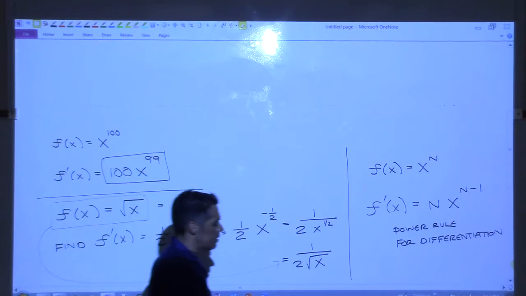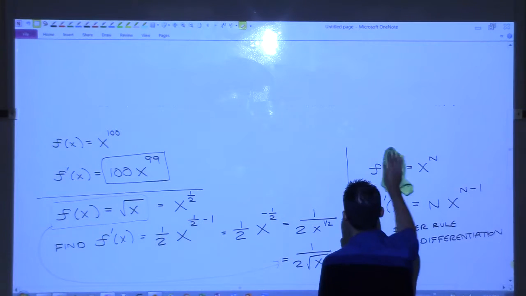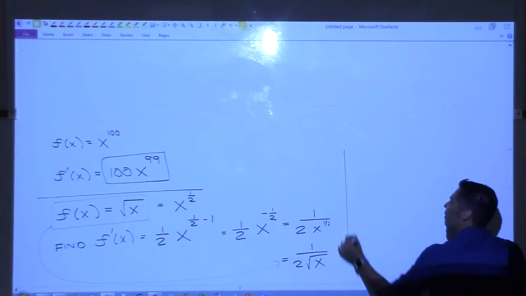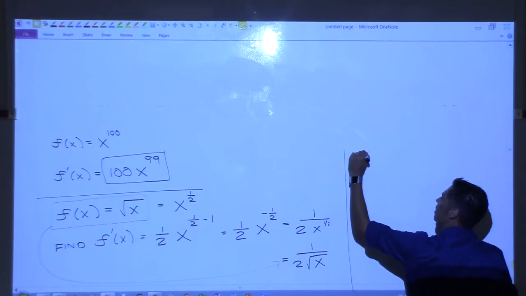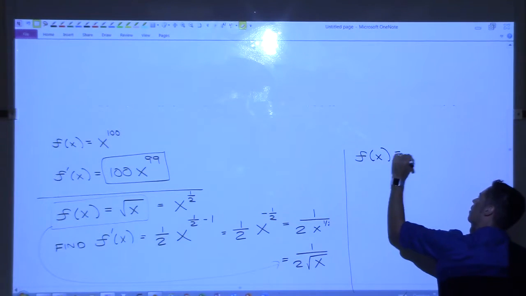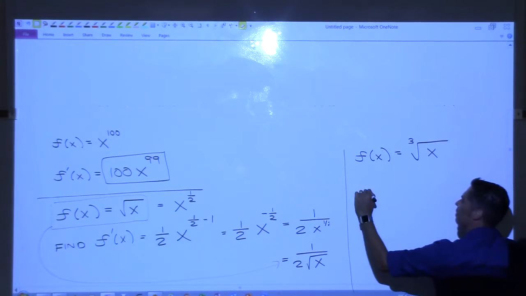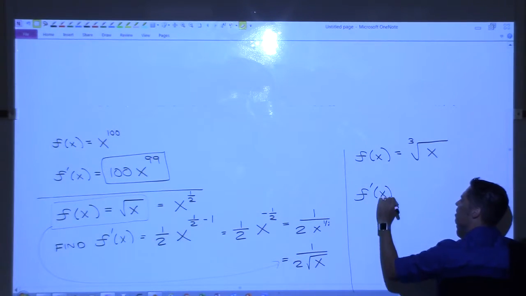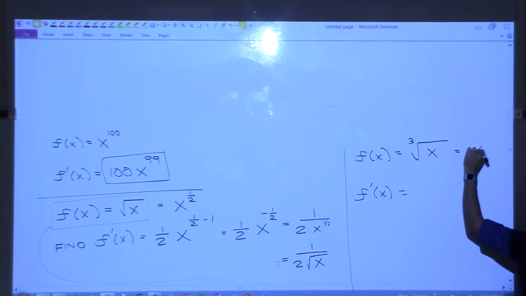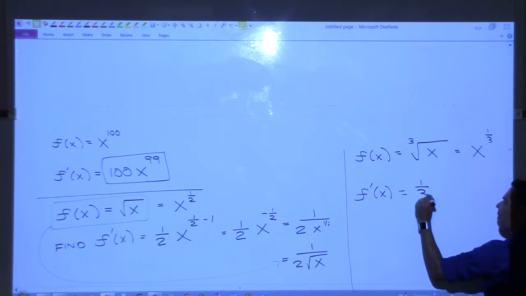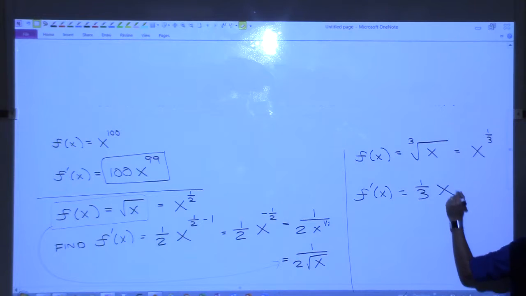What about the cube root of x? Yeah, so let's see. Cube root of x, what's the derivative of that? So what's the power on this? 1/3? Okay, so let's use the power rule. 1/3 comes out. X to the 1/3 take away 1, right?